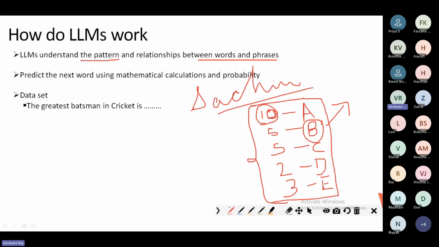Whatever data set it is trained on, whatever data has been fed into it, based on that only it will be able to take decisions or give us the output. When I ask who the greatest batsman in cricket is, it will answer A, even though the stats would say B. Are all of you clear?